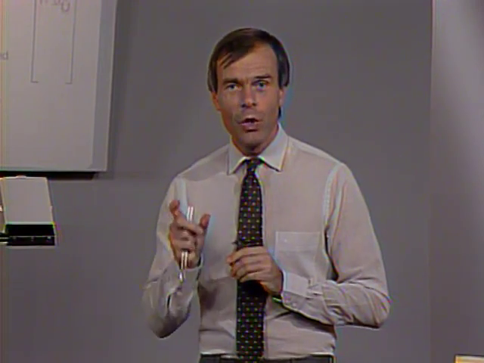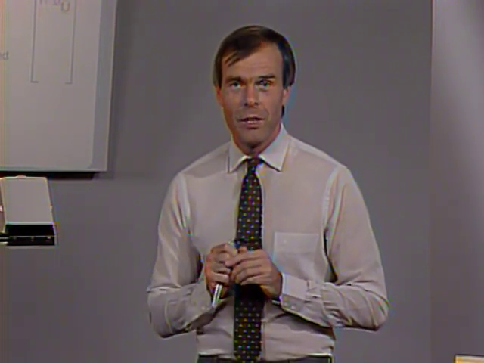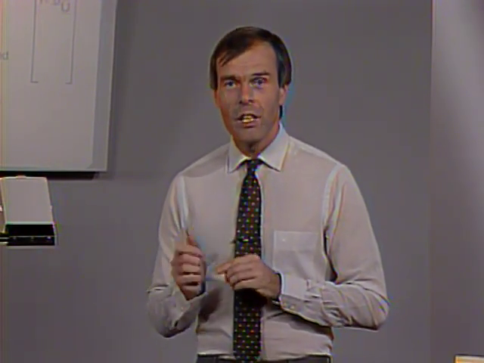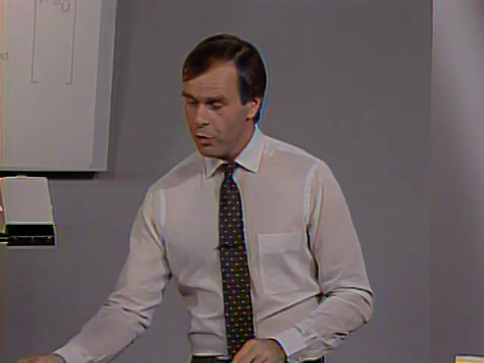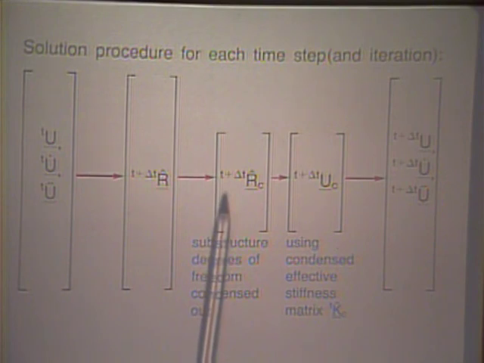In other words, there is no additional assumption that we're introducing into the solution. We get the same results. However, the solution cost is reduced because we are dealing with one substructure, a typical substructure, only once regarding the factorization, the LDL transpose factorization and static condensation that has to be performed.